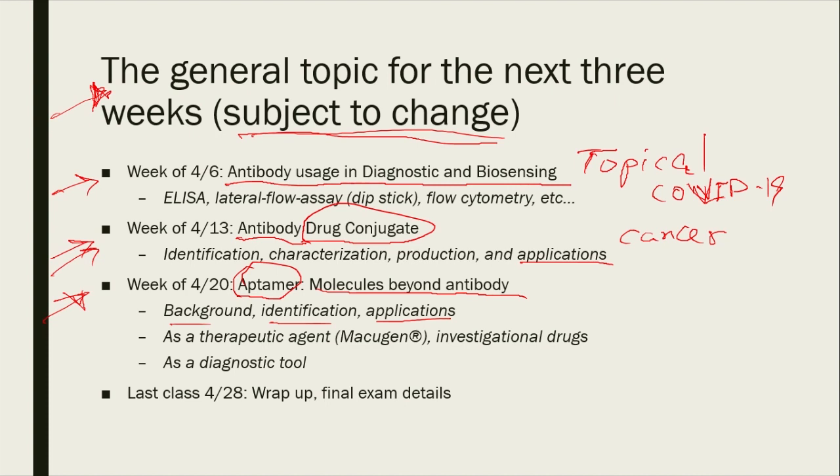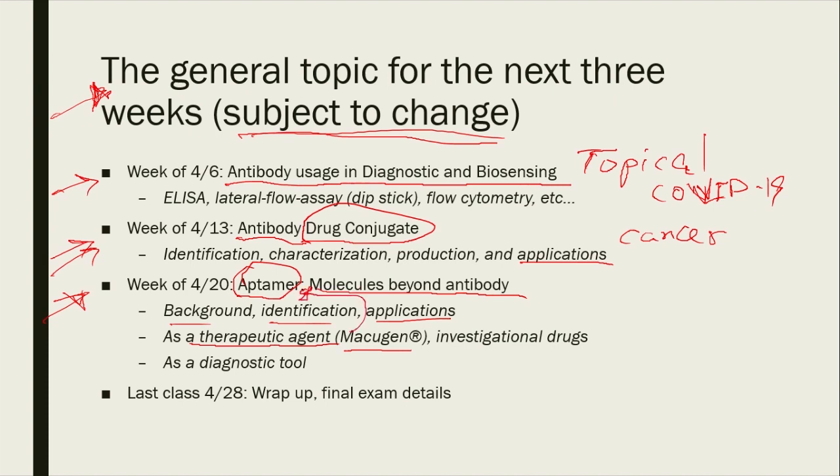At least we have one therapeutic agent called Macugen approved for treatment of age-related macular degeneration. We talked about it in self-care, quite a long time ago, it feels like. And this belongs to aptamers.